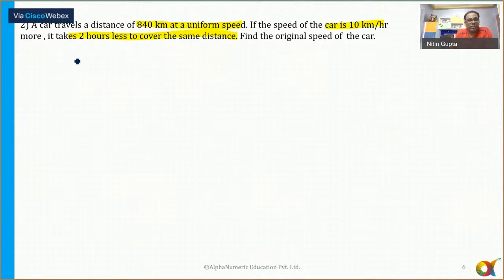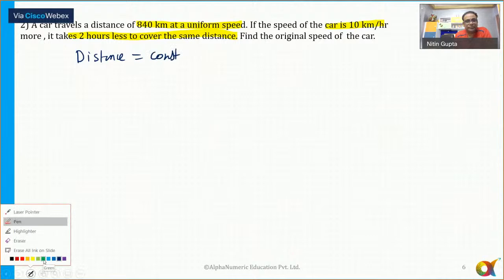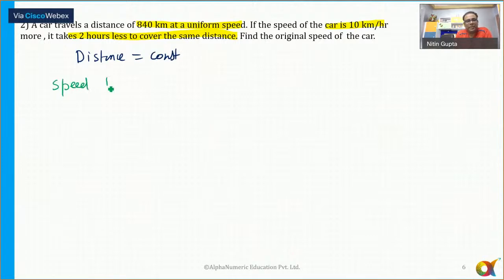So first of all, observe that the distance is constant here. There are two things I'll write down: speed and time. In the first case, speed is s, time is t. If the speed of the car is 10 kilometers per hour more, that is s plus 10, it will take 2 hours less, t minus 2.